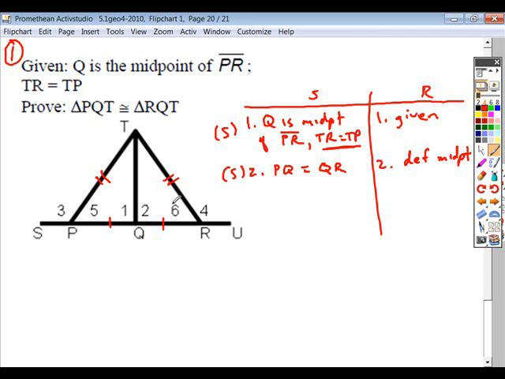Okay. Given two sides, I either need the other side. Is it possible for me to find the other side of this pair of triangles? Is it true that QT is congruent to QT? Yeah, so I can do that. So my third step, or a possible third step, would be to just say QT is equal to itself.